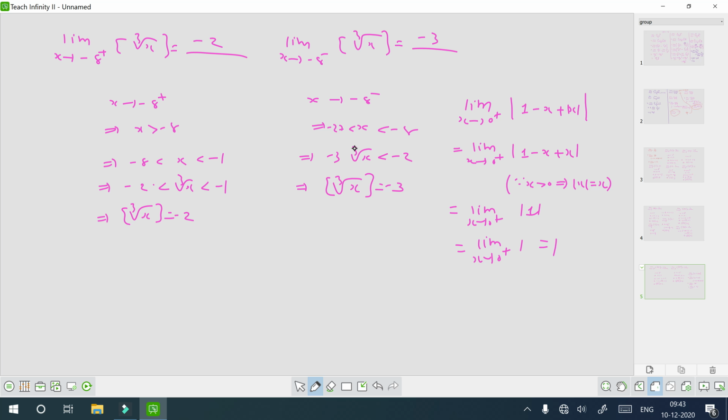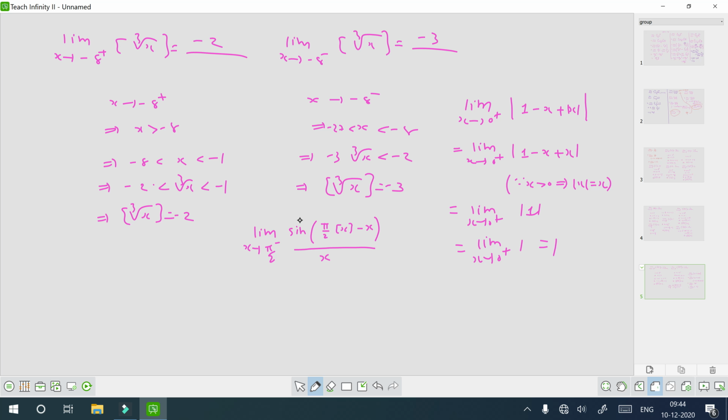Next, let us see the limit as x tends to pi by 2 minus of cos of pi by 2 into the integer part function of x, minus x, over x.